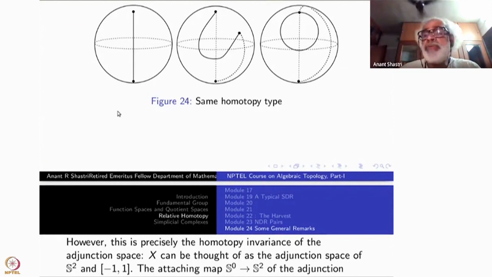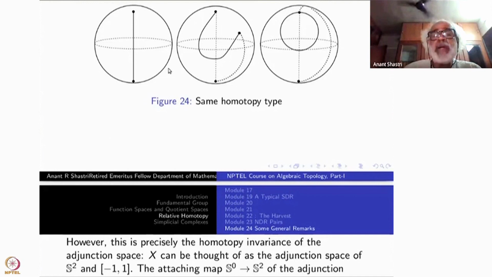When you perform the adjunction space, what you get is this one. So your X is a 2-point space, the endpoints of an interval. From that, you can have different maps. Namely, in this picture, one point always goes to this point, but the other point goes to different points here.